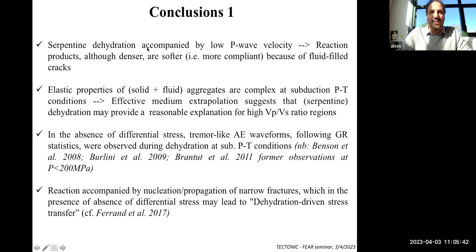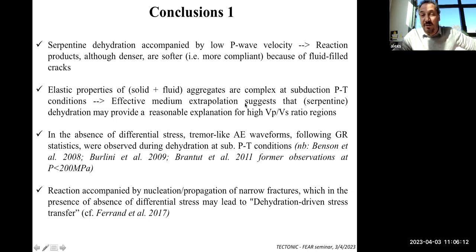Okay, so the first conclusion of my talk is that the serpentine dehydration, on this part at least, is accompanied by low P wave velocity. The reaction products, although denser, are softer because of fluid-filled crack inclusions. The elastic properties of fluid plus solid aggregates are complex at subduction zone PT conditions, and you need careful effective medium extrapolation to interpret them.